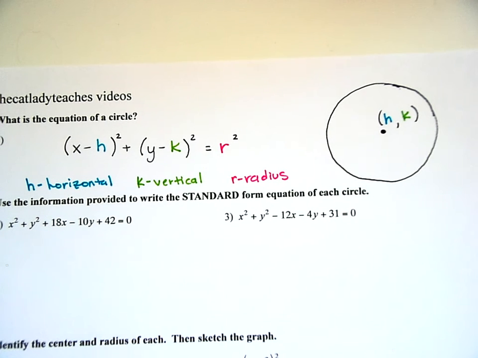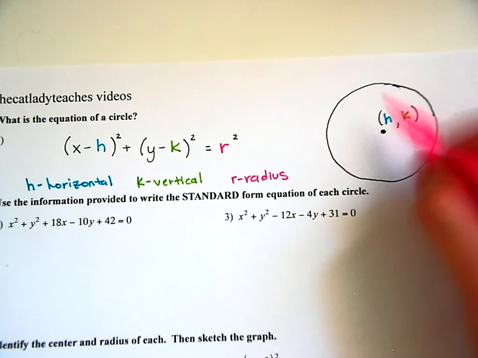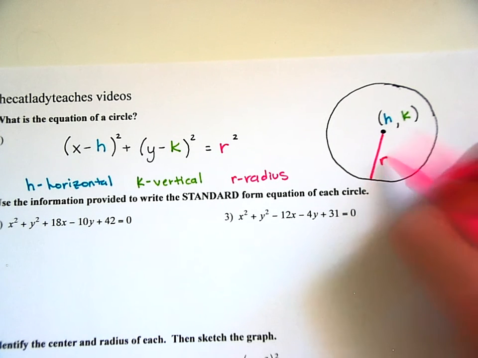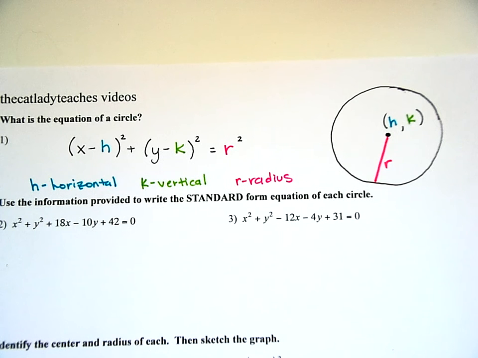So that's our new center. Our radius is the distance from our center to some point on the circle. That's our radius. And so these can be anywhere on the graph, however big, however small, and we're going to practice graphing these and writing the equations of them.